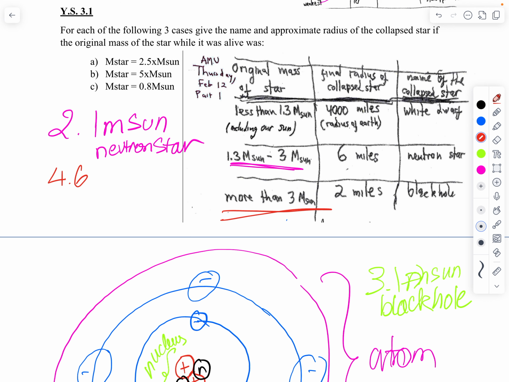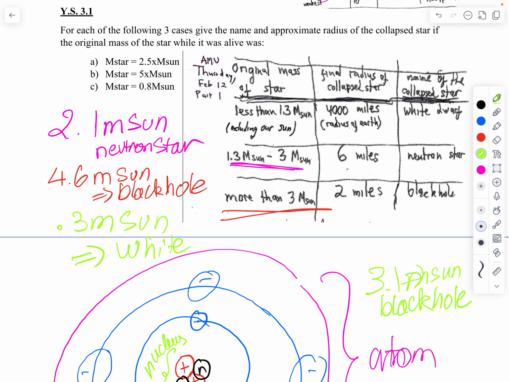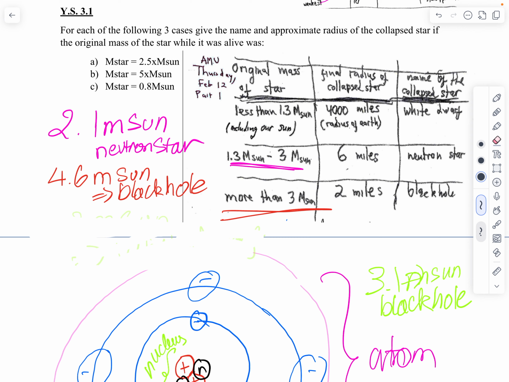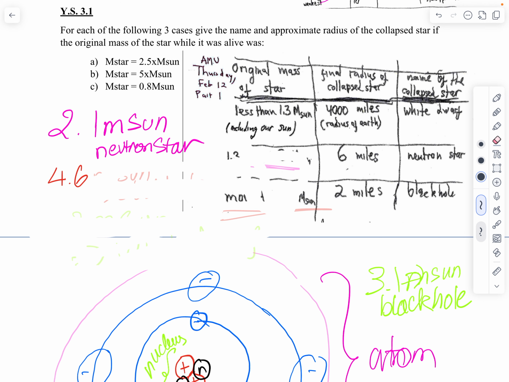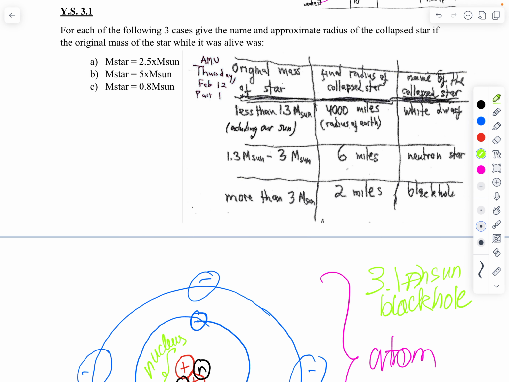According to this, it would be a black hole. And if it's like 0.3 mass of the sun, it would be a white dwarf, like our sun. When our sun collapses, it would become a white dwarf, and its radius after collapsing would be this one, 4,000.